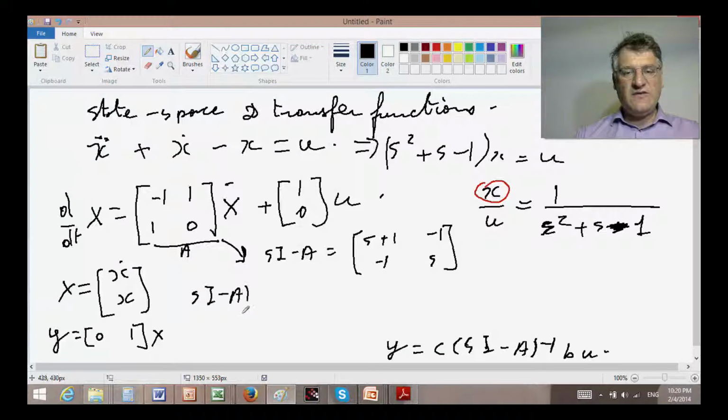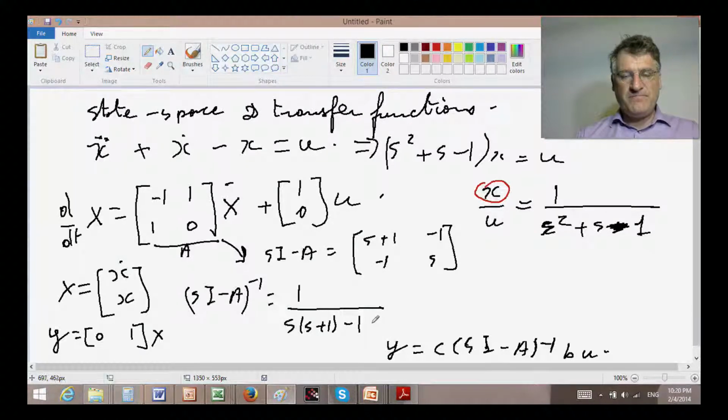It will be simply one over the determinant here, so it will be 1 over s times s plus 1 minus 1, times the matrix s, 1, 1, s plus 1.